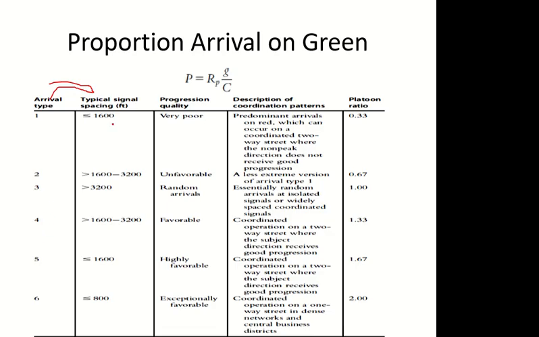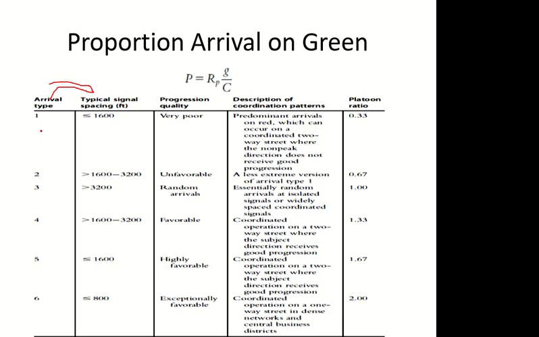Then we have the spacing between the intersections. Between your intersection and the next one, what is the spacing in terms of feet? Arrival type 1 means that signals are very close to each other, but the vehicles are still coming randomly.